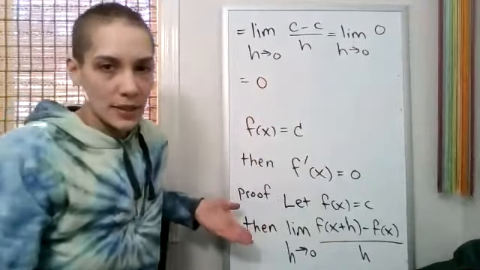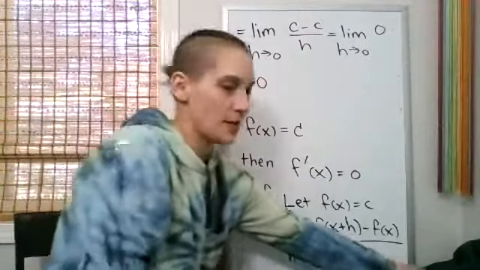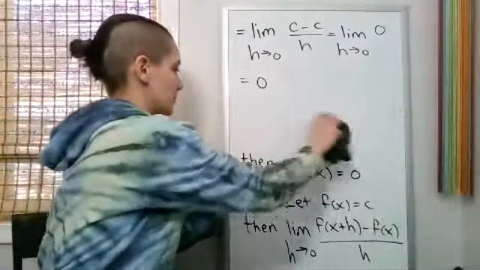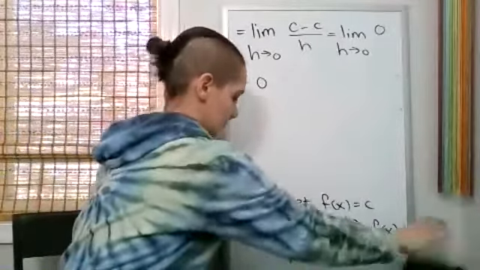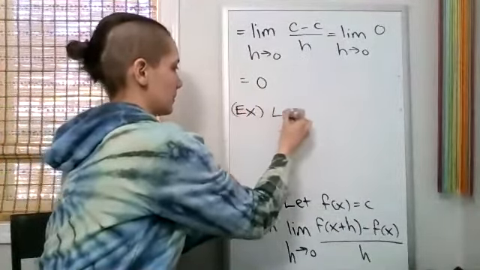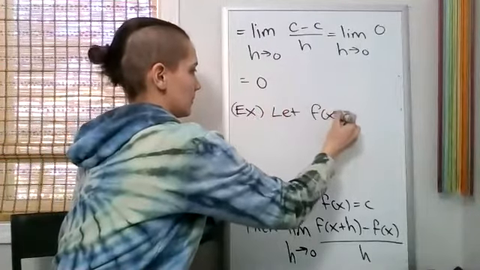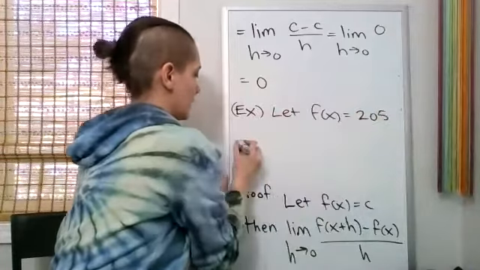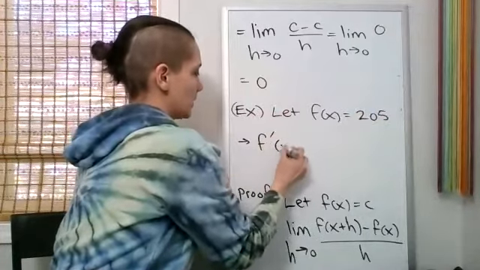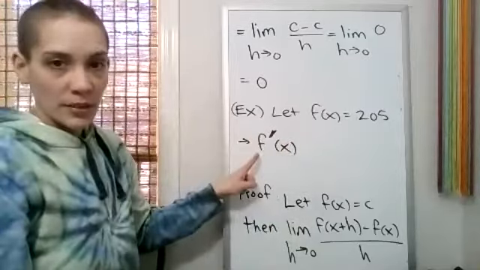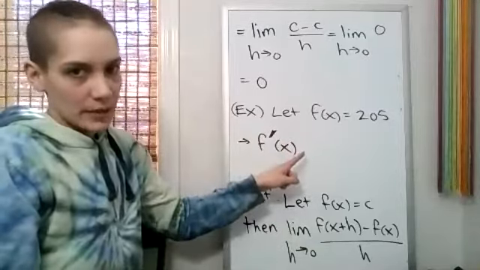And let's try some examples. Where you have f of x equal to 205. Okay, f prime of x, the derivative of the function f, will be 0.